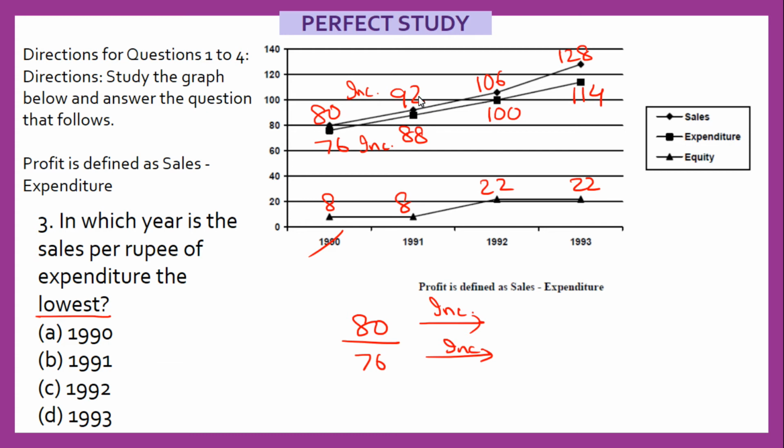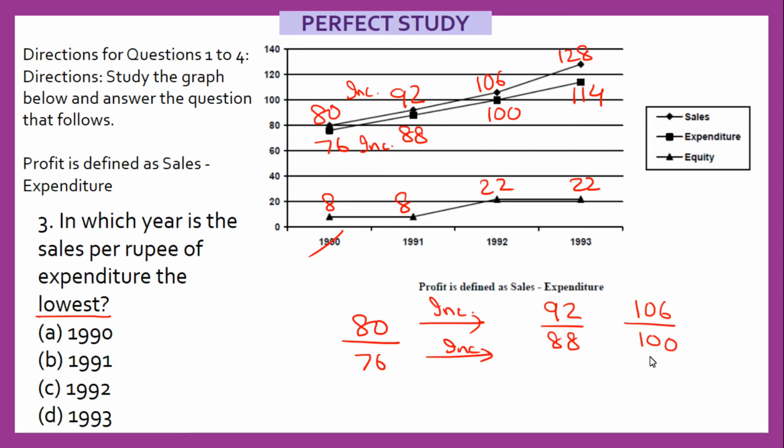Here 92 increases to 106, that is an increase of 14, which is around, say, 15%. And 88 increases to 100, that is an increase of 12, which is also around 15%. So we have a close call here and we have to do calculation. 92 by 88 and we have 106 by 100.